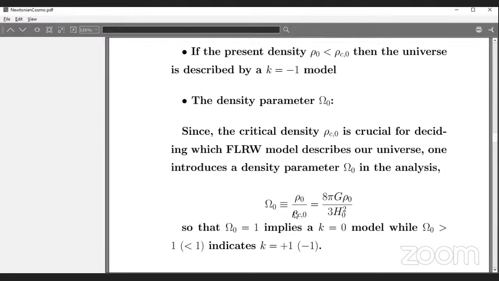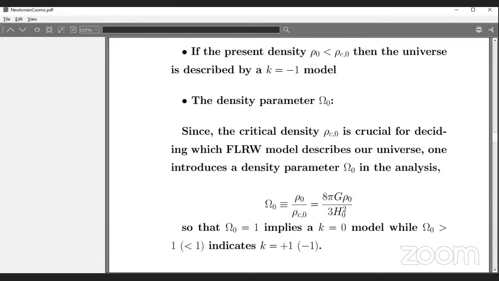Critical density we know is 3 H naught squared by 8 pi G. And if the estimated mass density today of matter plus radiation on large scales is rho naught, then the dimensionless density parameter omega 0 is simply rho 0 by critical density today, which is given by this expression.